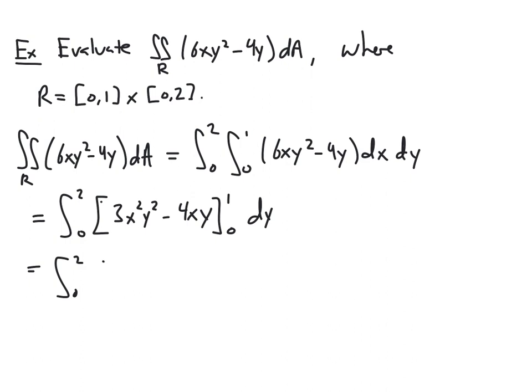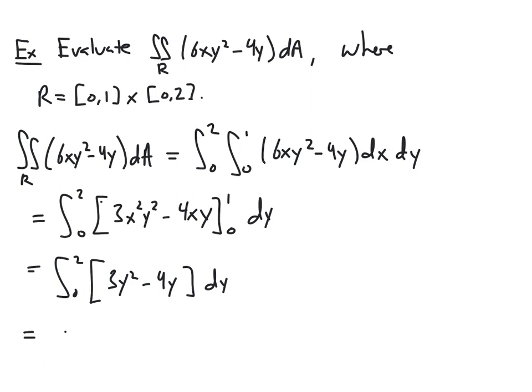When we substitute in 1, we're going to get 3y squared minus 4y. And when we substitute 0 in, we get 0 in both cases, because both have a factor of x. So we get the integral from 0 to 2 of 3y squared minus 4y dy.